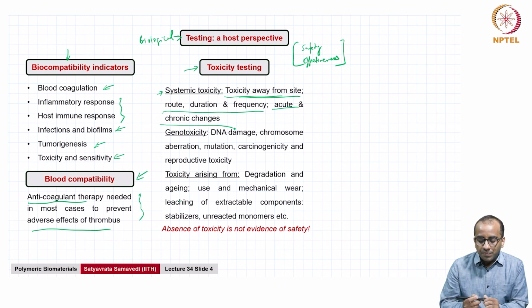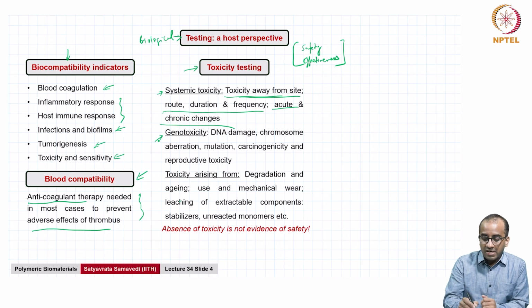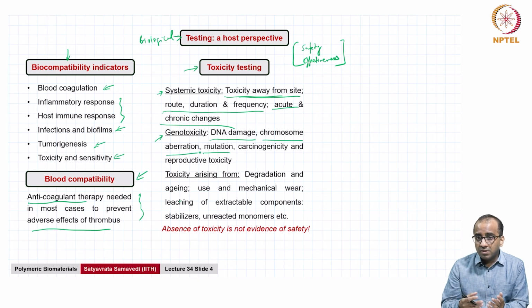The other aspect to toxicity is genotoxicity, where you are interested in changes to the genetic makeup. This could include something as basic as DNA damage or mutation or chromosome aberration to something that can be even more concerning, such as carcinogenicity and reproductive toxicity.